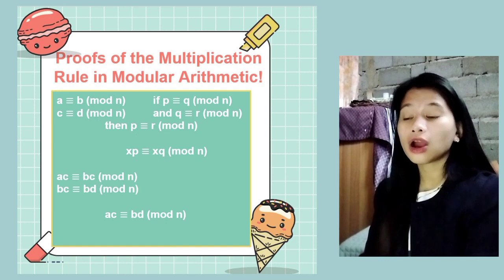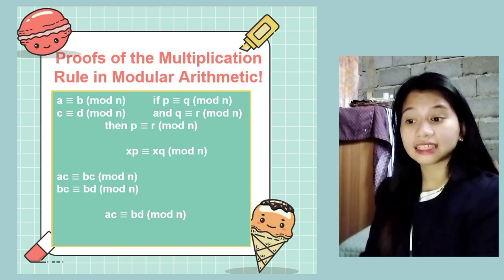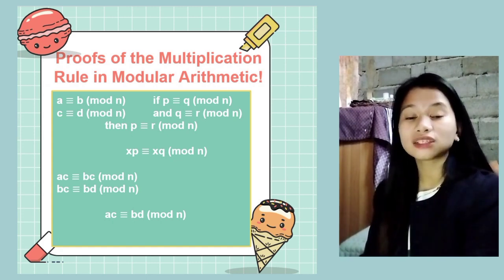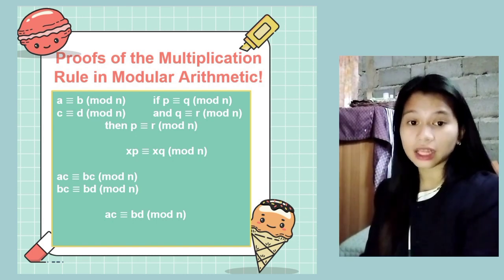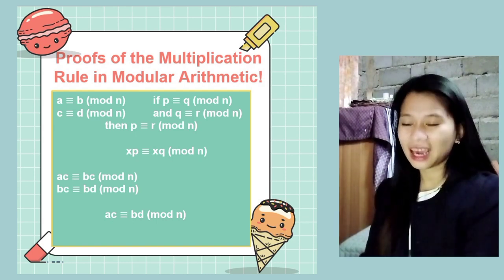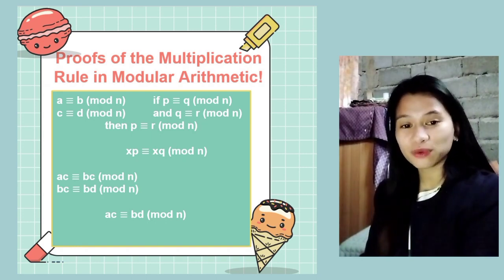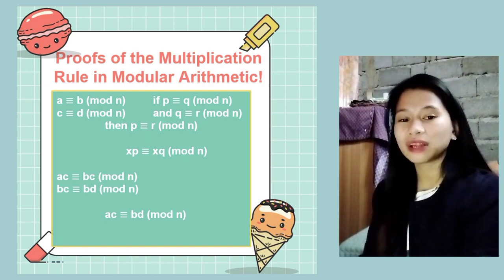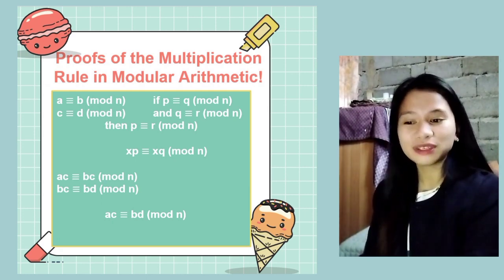Notice what's happened here. We have BC in both congruences. And because congruence mod N is transitive, if AC is congruent to BC and also BC is congruent to BD, then we know AC must also be congruent to BD mod N. So by starting with our initial congruences and multiplying the first one by the constant C and the second one by the constant B, we are able to show that AC is congruent to BD, and that completes our first proof.